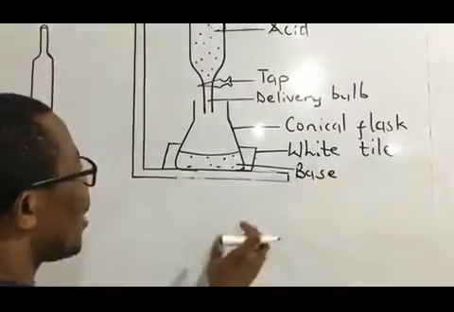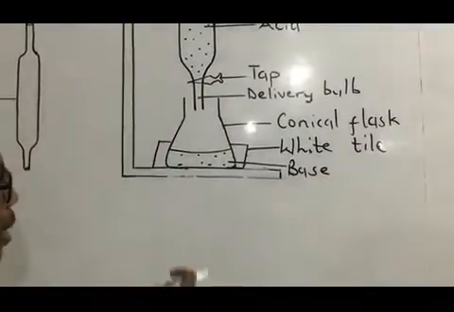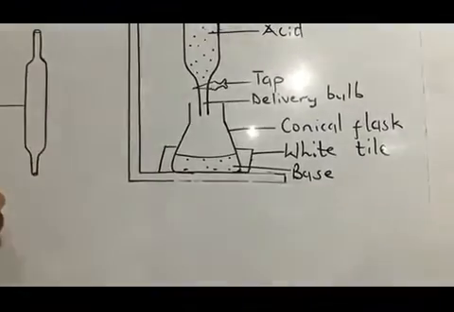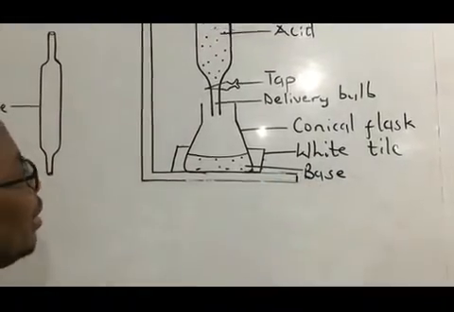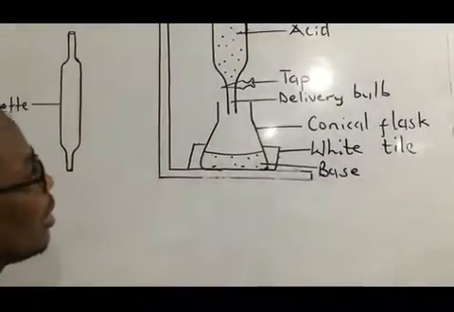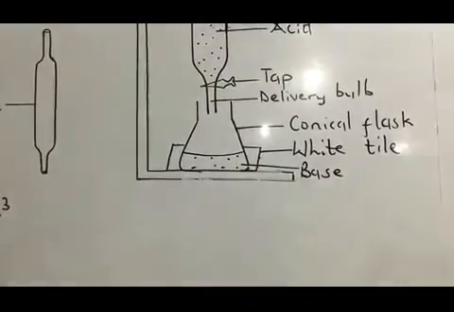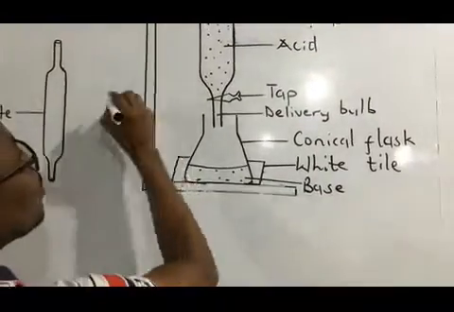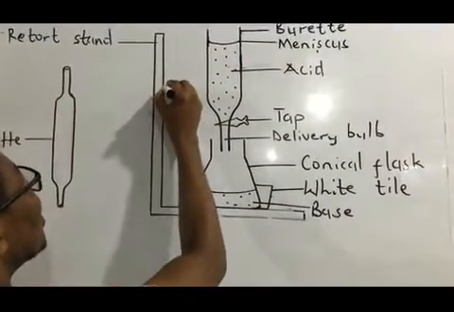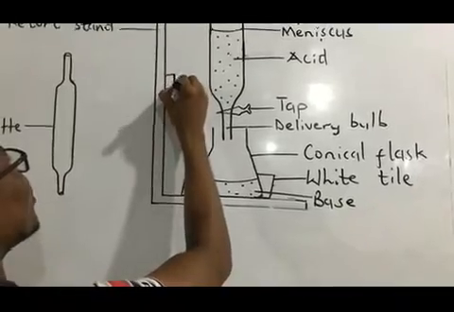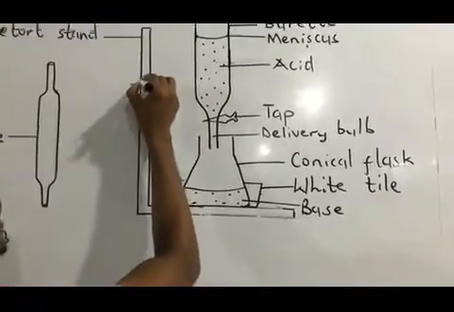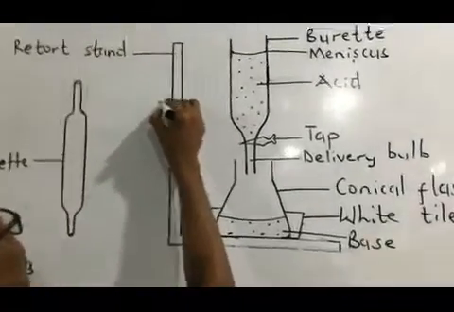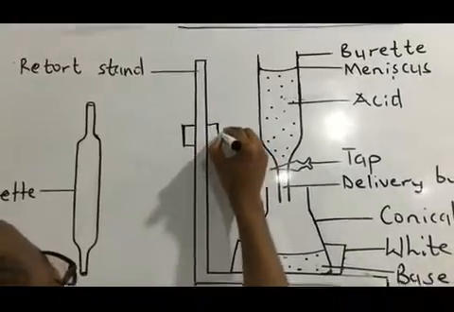So the white towel there is to help you identify any color change. As part of the retort stand, we have the clamp also attached to it. So there's a clamp here.